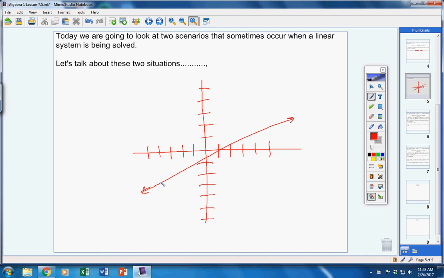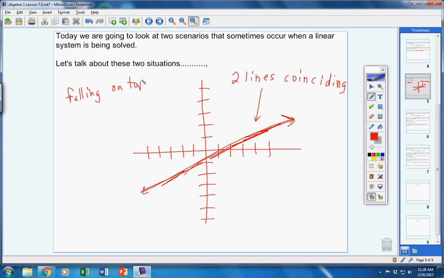And then draw another line that falls right on top of it like this. Okay, and then put two lines coinciding. Please write that in your notes. Two lines coinciding and draw an arrow. That means you have two lines doing what? Falling on top of each other.